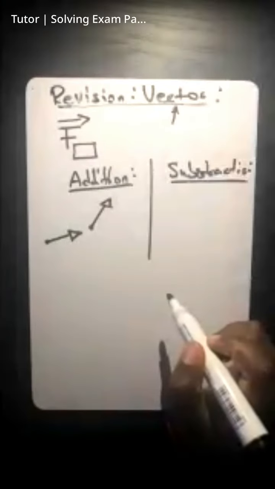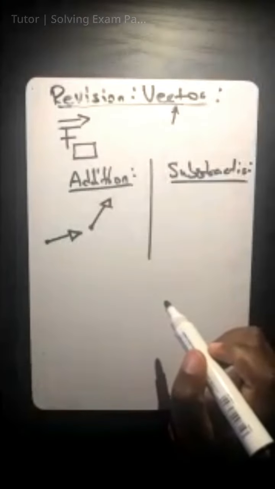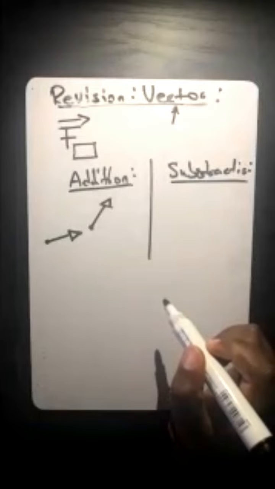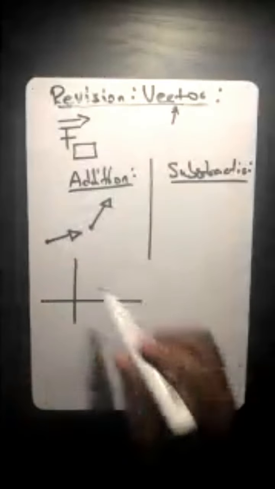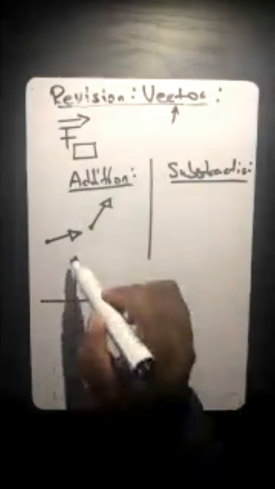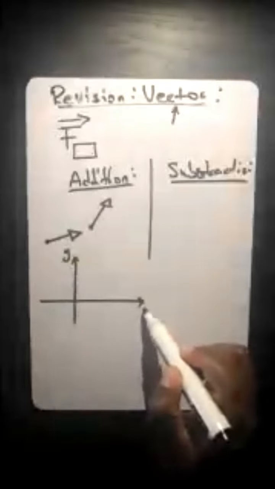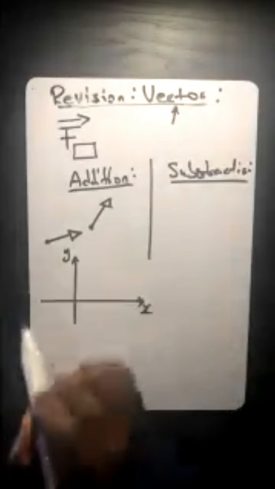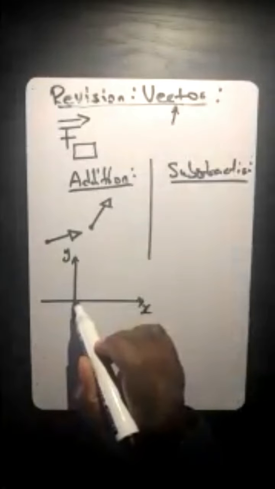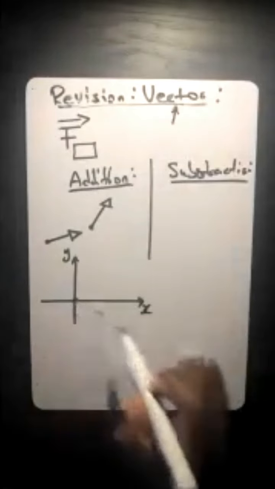Obviously those two vectors can be represented as one vector. If we try to represent that graphically on a Cartesian plane, on that vertical axis, let's say this is the y-axis and this is the x-axis, you start with that arrow.